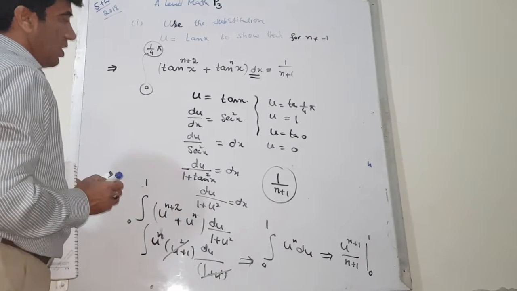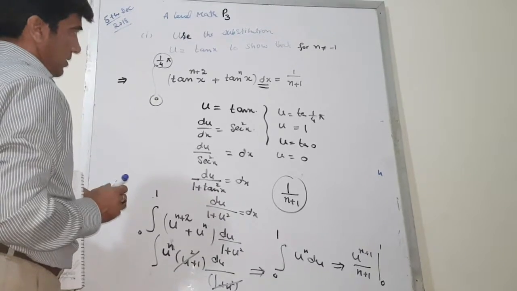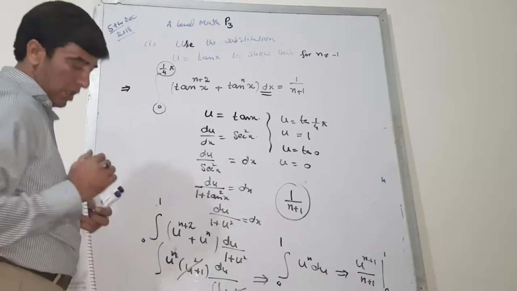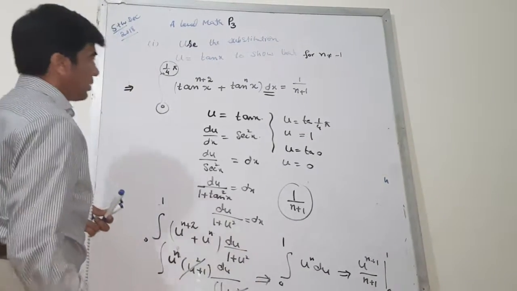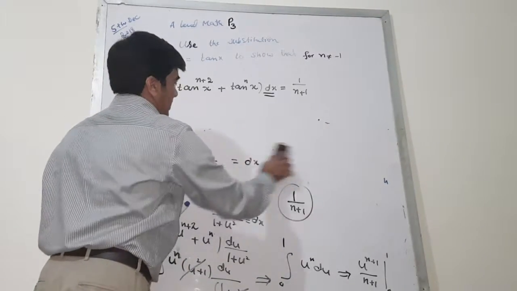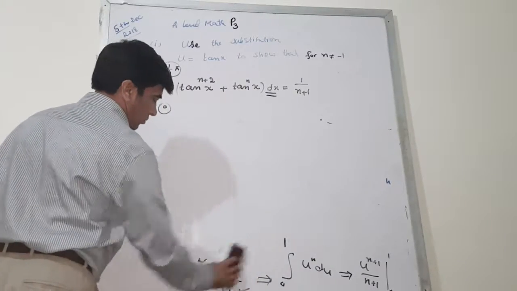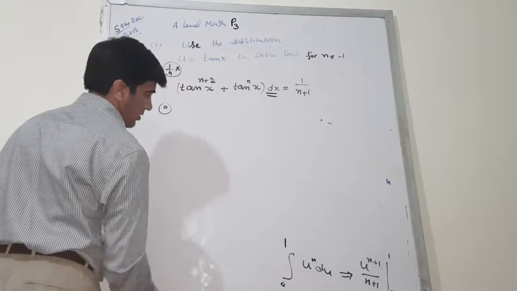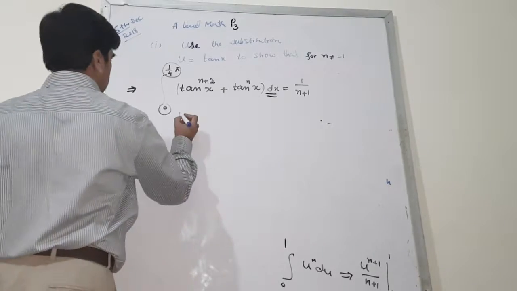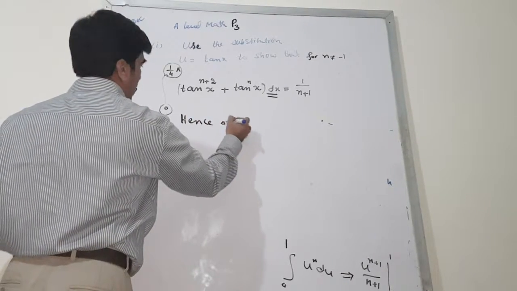So this way we prove these types of questions by substitution. Now I will go to the next part of this question, where, as I told you, he told us hence or otherwise.